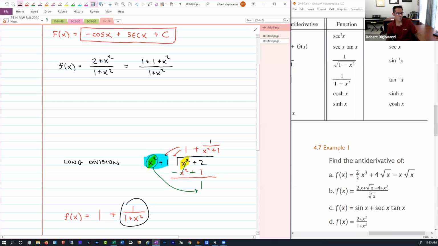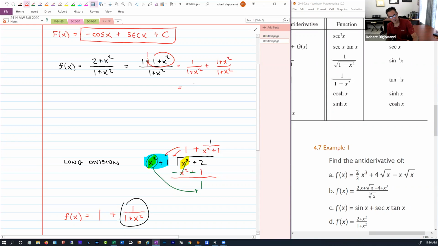Okay, I just rewrote the 2 as a 1 plus 1. Then I'm going to split the fraction, and take the 1 and put it over 1 plus x squared, and then plus the other part, 1 plus x squared, over 1 plus x squared.